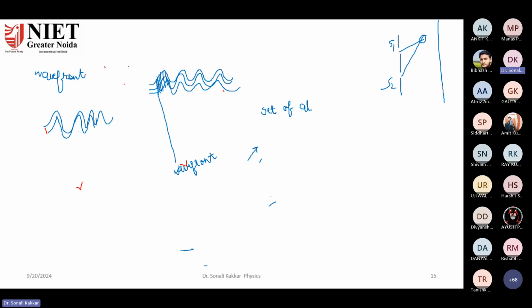It is the set of all points having the same phase in a medium. This is how you define wavefront.